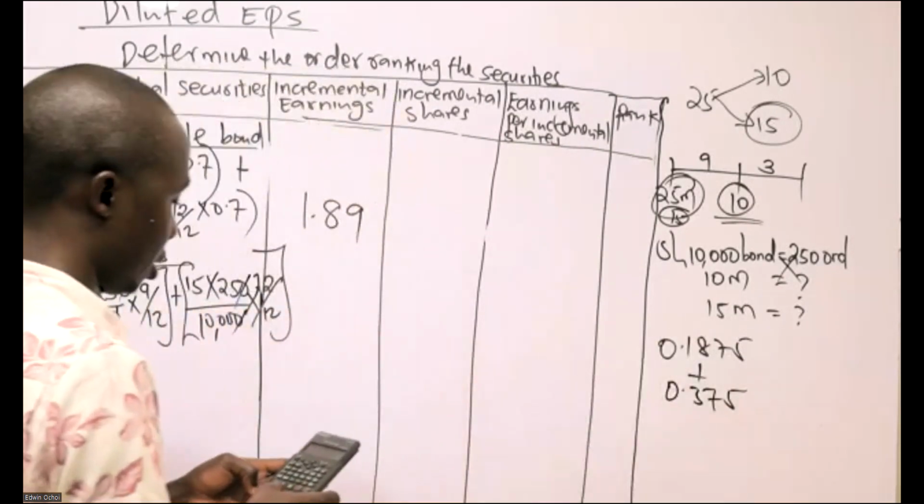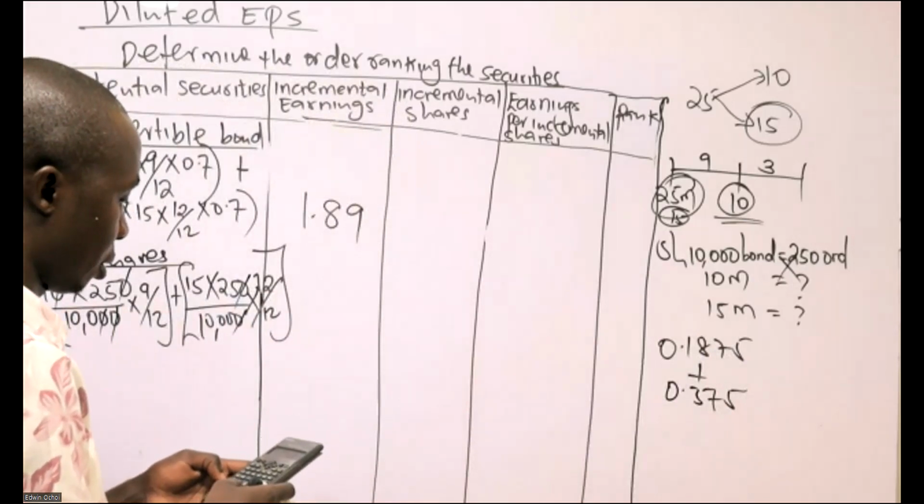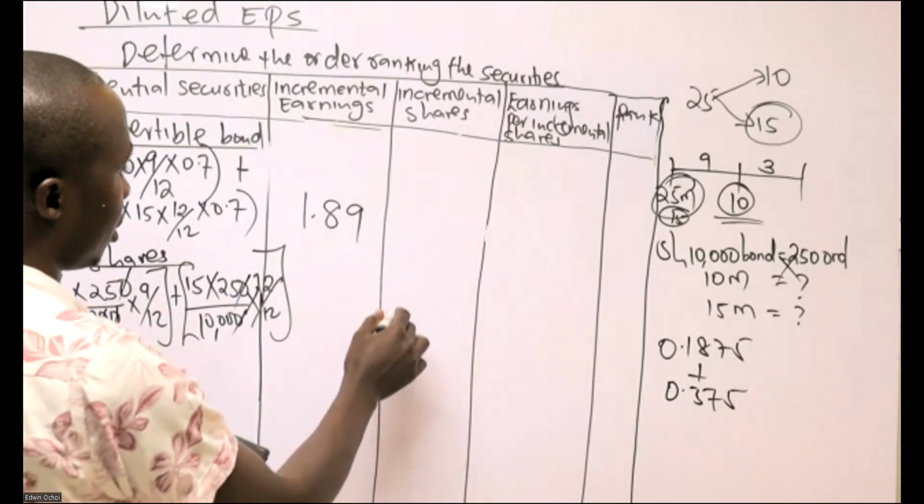Plus the 0.1875, you have 0.5625. Is that correct?